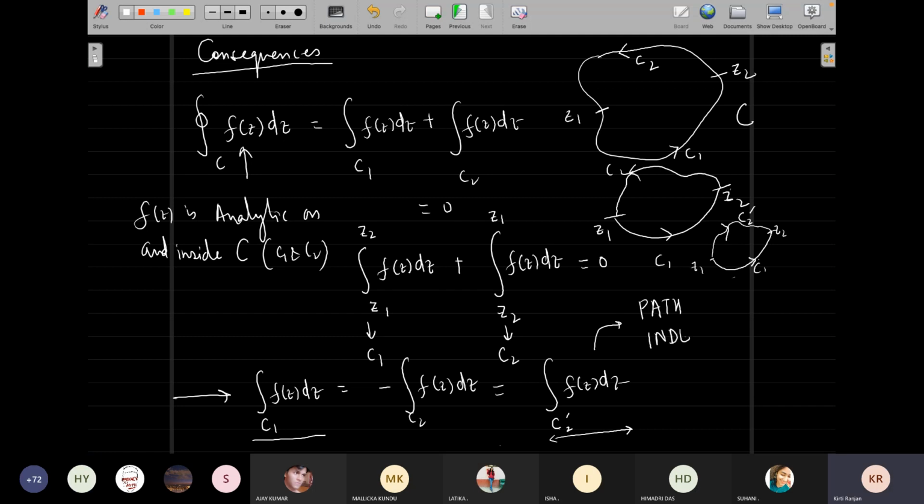Absolutely right. This is the question we were trying to ask: what kind of functions have integrals which are path dependent or path independent? We said that in general there can be path dependent or path independent integrals. But now we have a definite class of functions. What is this class? Analytic functions.